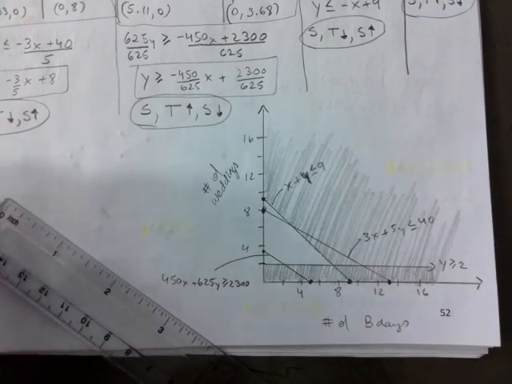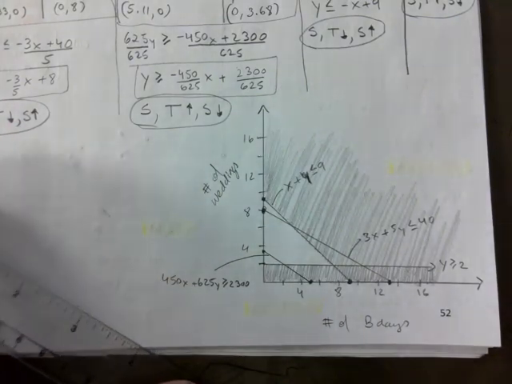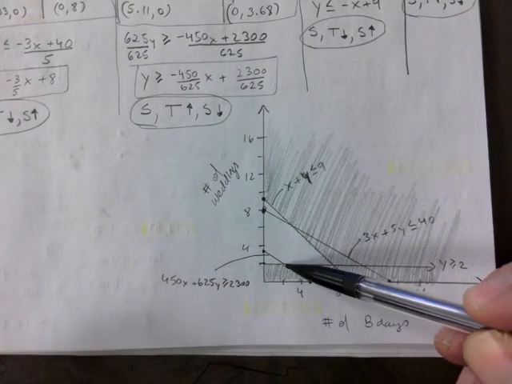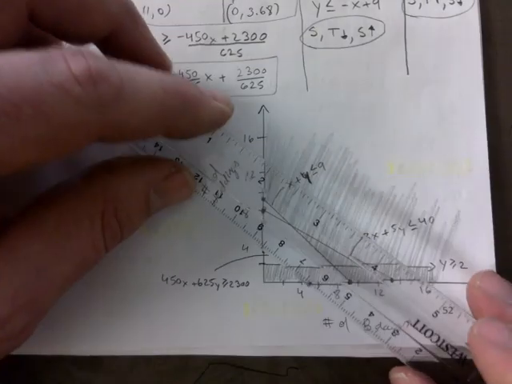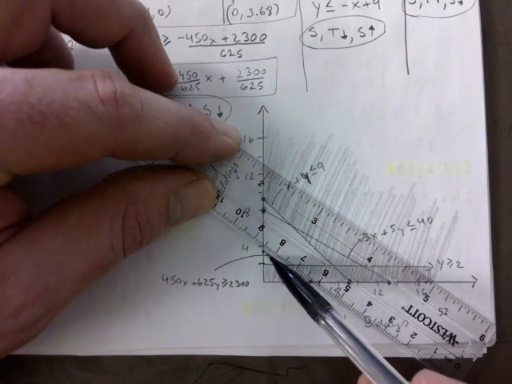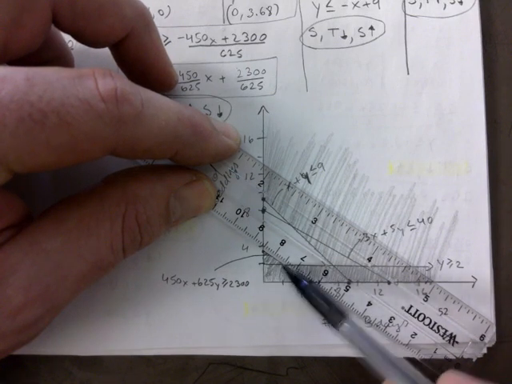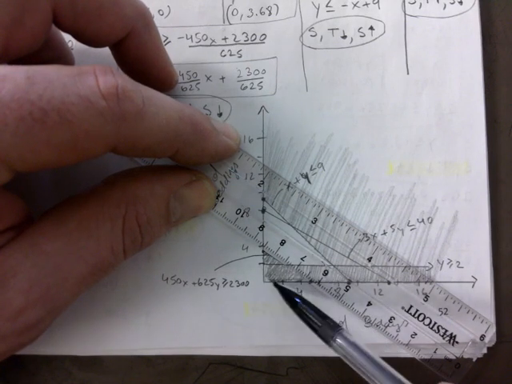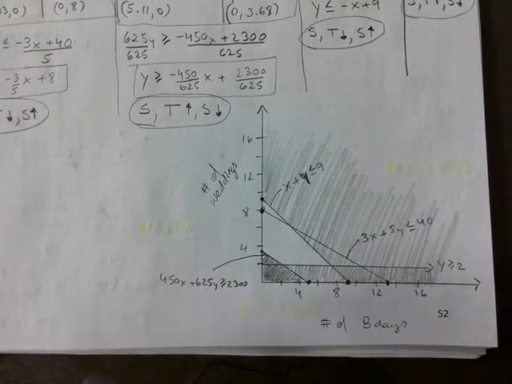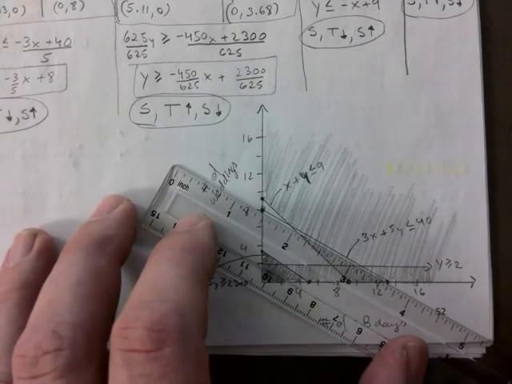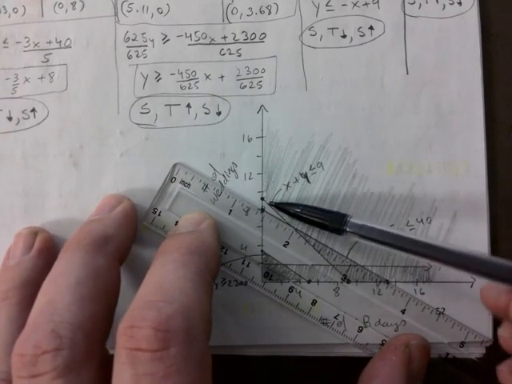Okay. And then this small one here, short line, we're shading below that one. And the last one we shade above. So we're going to go here and just shade above that one.